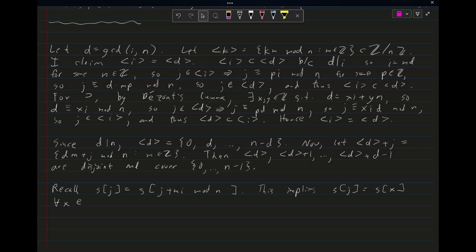For any x where x is in D plus, I'm going to write this as n%D. So this is the remainder that you get when you divide n by D. Ooh, no, is that I? Should it be D? Yeah, it should be D.